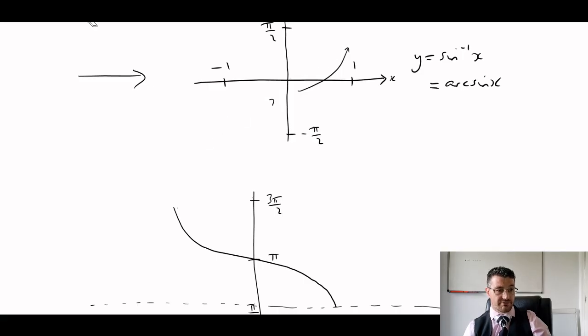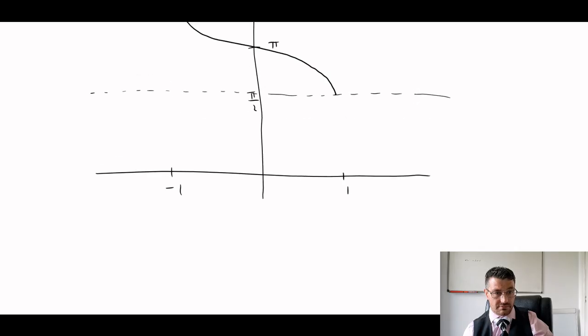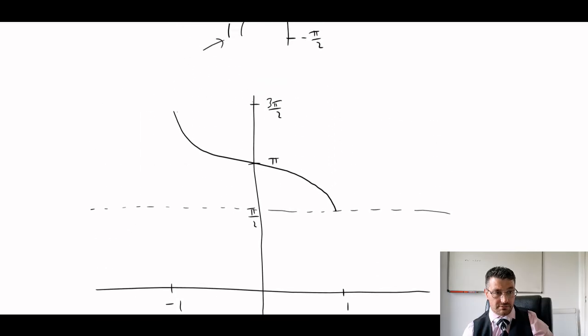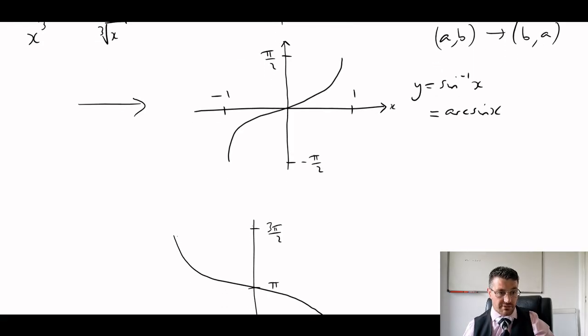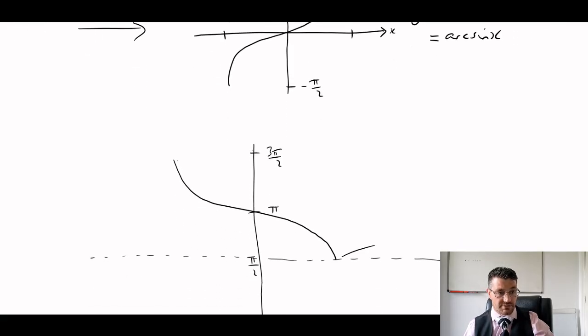However, when we make a different restriction, we get a graph that looks like the one here, which starts down here, goes up in this way, and we end up at this point here.